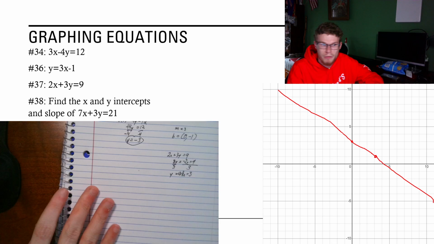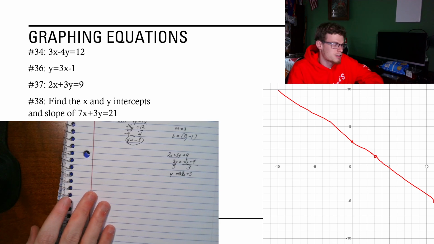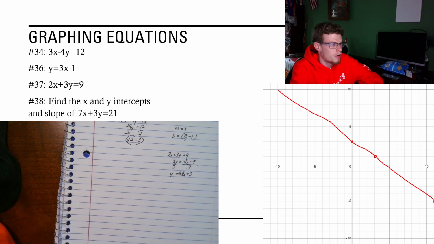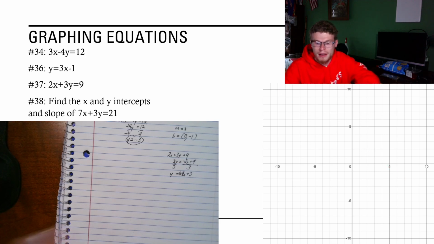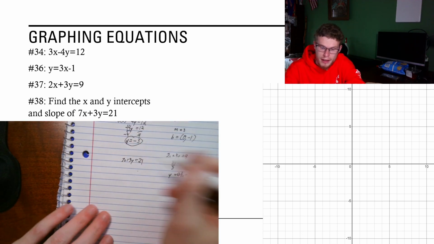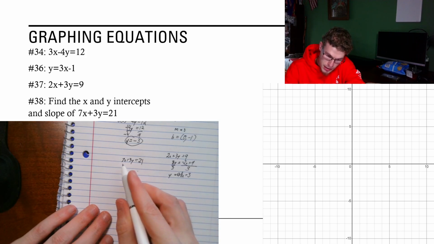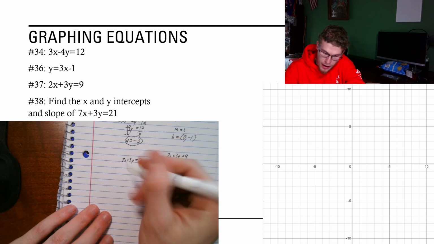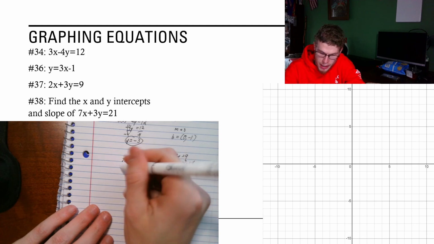Now it says find the x and y intercepts and slope of 7x plus 3y equals 21. So that means we actually have to graph it and then use that graph to identify the slope. So let's do it. 7x plus 3y equals 21. If I want to find my x-intercept, I have to set y equals 0.